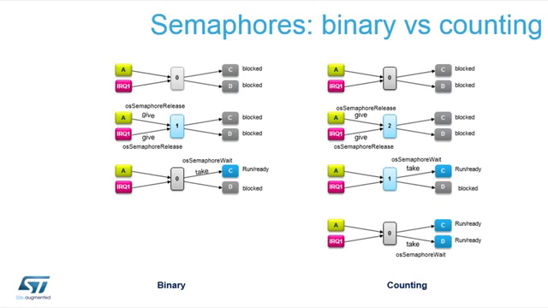So typically you can use a binary semaphore in the way where you are waiting for some event, for something to happen, and when this happens, some other task releases the semaphore. So this way you are able to get synchronized when something else happens.